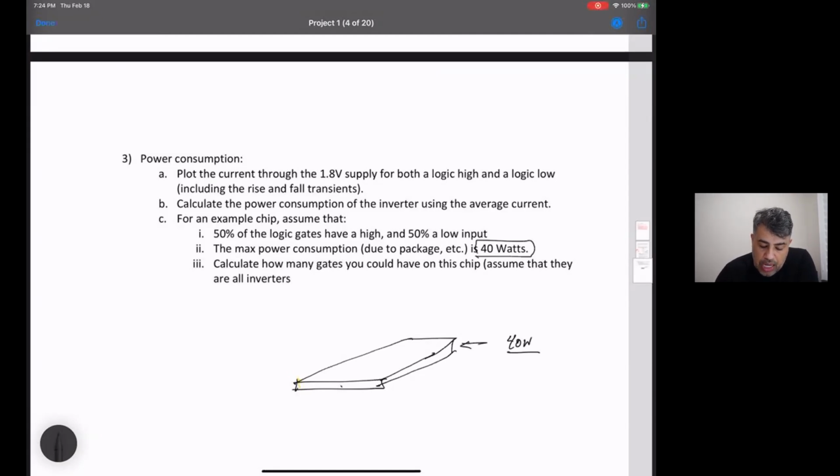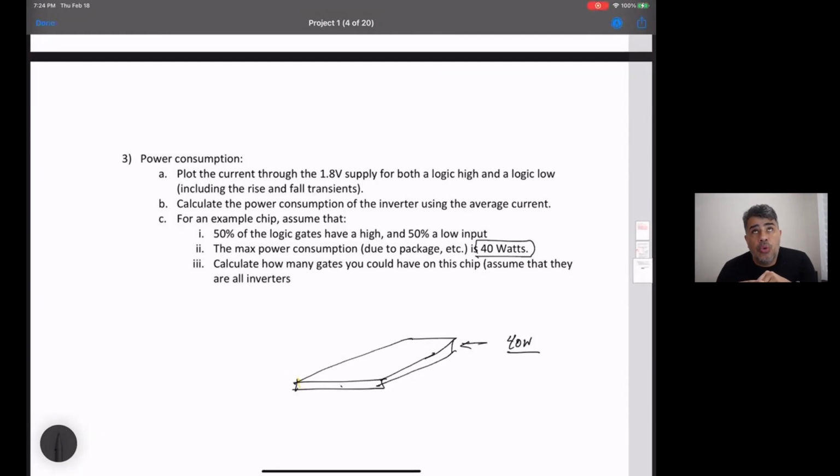Okay, so now this chip is going to be full, and let's assume that every logic gate, the inverter, you can use as a stand-in for any logic gate. This chip will have a lot of different types of logic gates, NANDs, NORs, whatever, but for the sake of discussion, we can use the inverter as a stand-in for the average current.